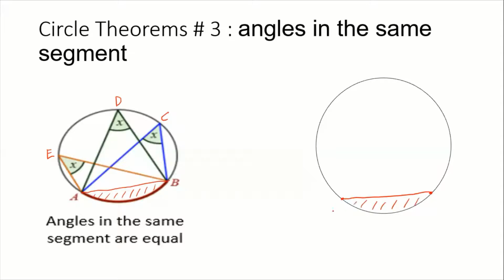This is A and B. Now you have lines projecting from some points on the circumference. You have one point here, let's call that C. You have another point up here, let's call that D. The next point around here, let's call that E.